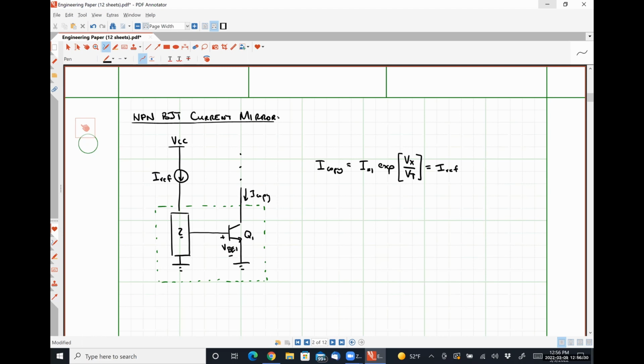Does that make sense? Okay. So we want Vx, the output voltage of our black box, to be given by Vt times the natural log of I ref over IS1.